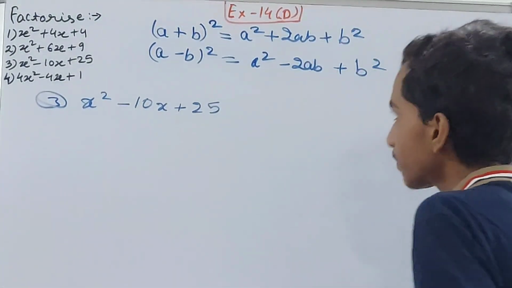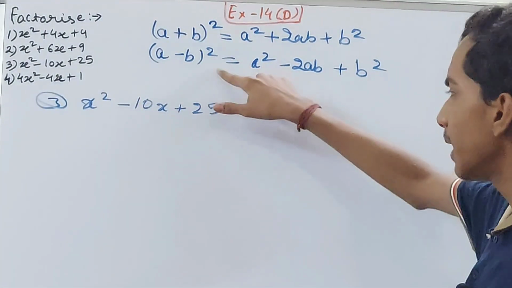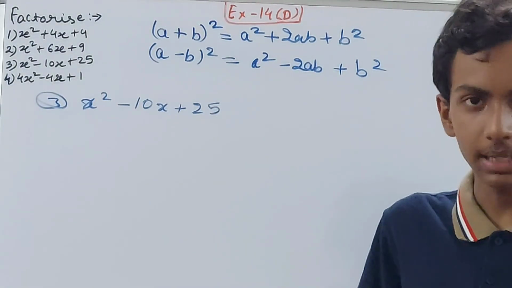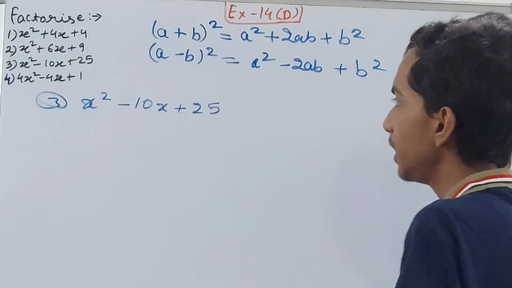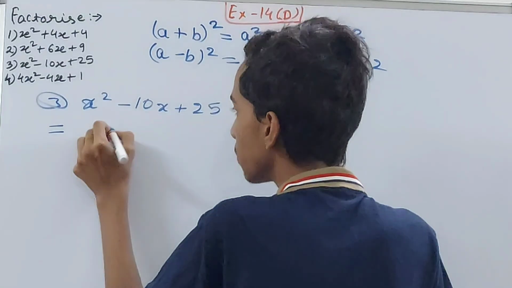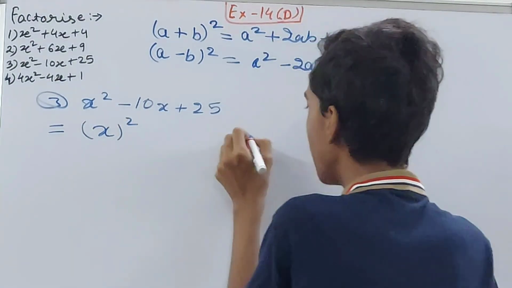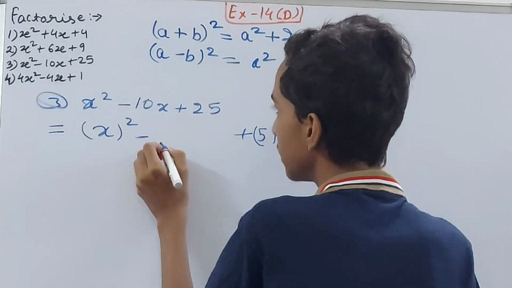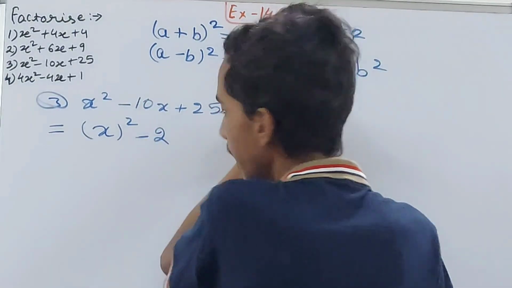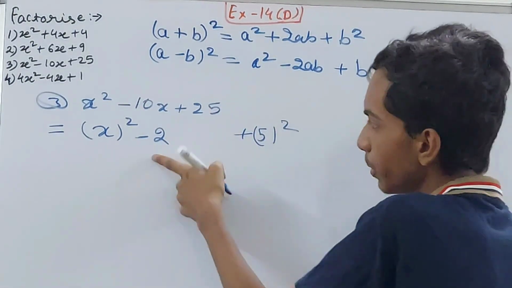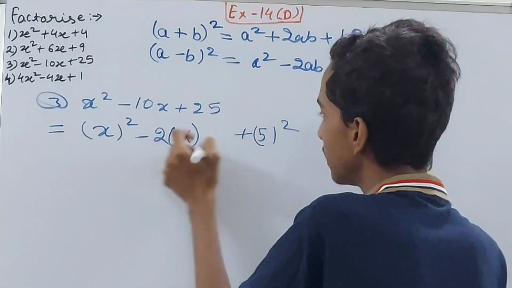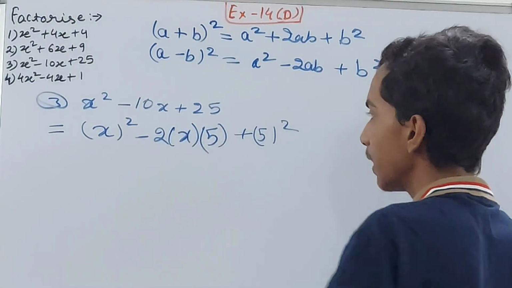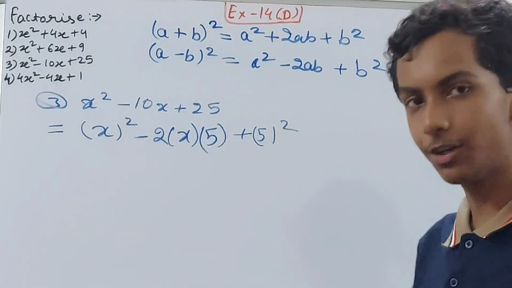Now a minus b whole square, the process is still the same, only the sign has changed. So see, x square can be written as the square of x, 25 can be written as the square of 5, and minus 10x you can write as minus 2ab. So minus 2 into a is x, and b is 5, so minus 2 into x into 5.